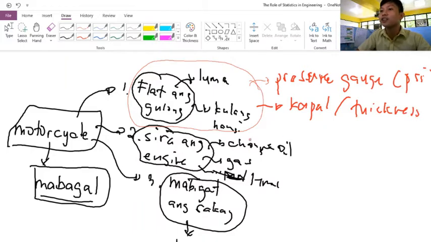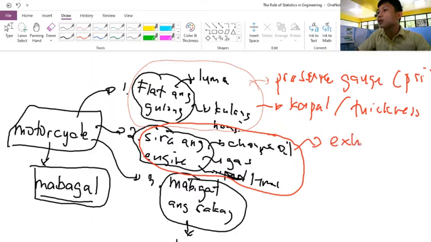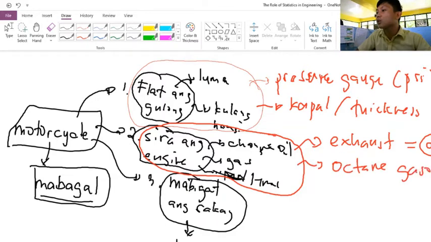So, kapag motorcycle naman, kapag change oil, marami tayong i-check dyan na parameter. Pwede natin i-check yung lumalabas dun sa exhaust. Alright? So, sa exhaust na yan, pwede natin i-check yan using yung air test. Okay? Yung i-measure yung lumalabas na buga ng tambutso. Alright? Kung sa gas naman, i-measure natin kung ilan yung octane ng gasolina.